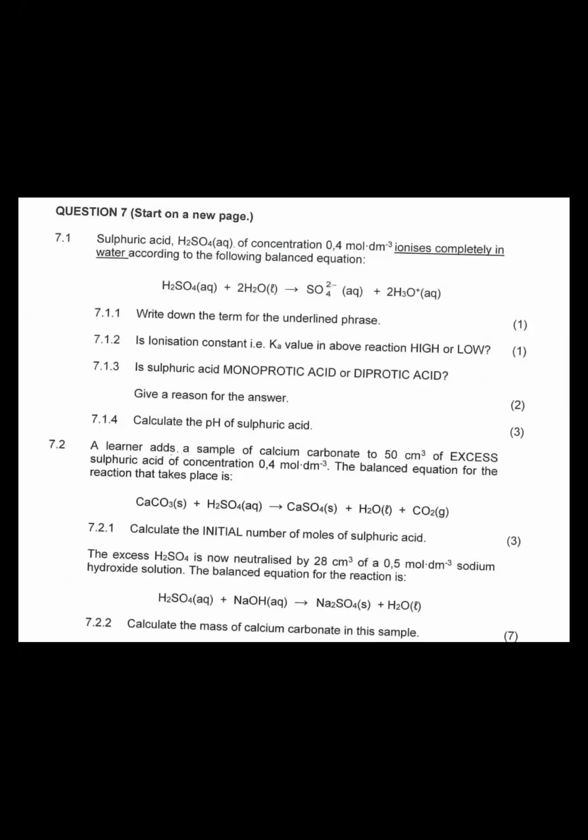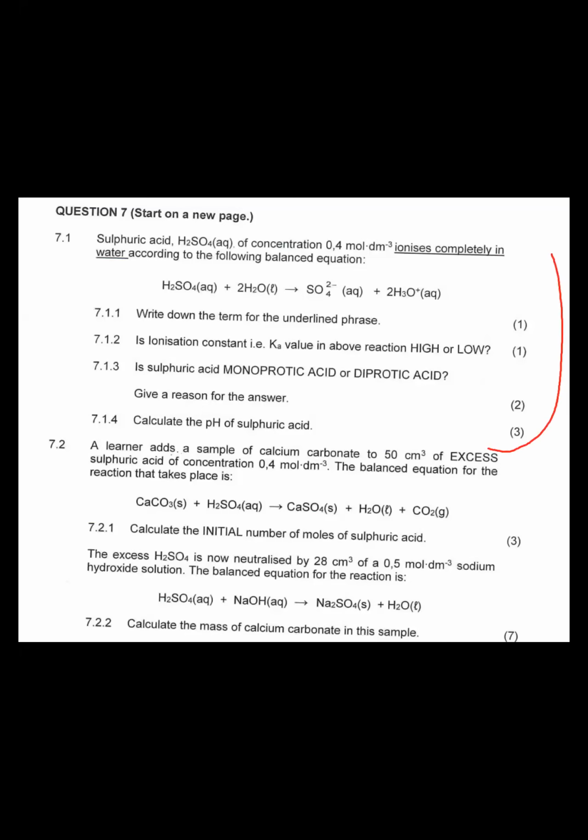Now back to question 7. Guys, I said question 7 is not that difficult. The issue is that it carries 7 marks. The first part of this question will never be difficult.